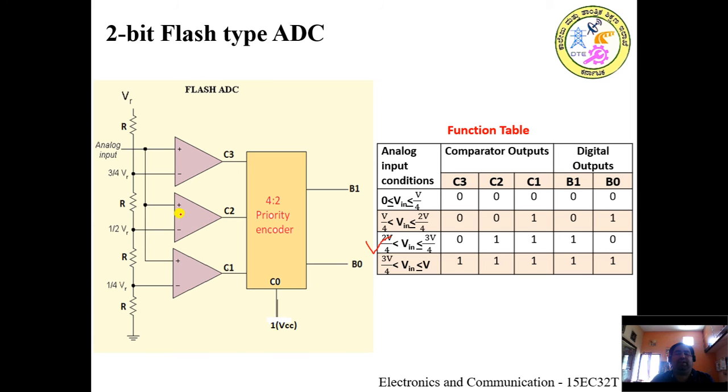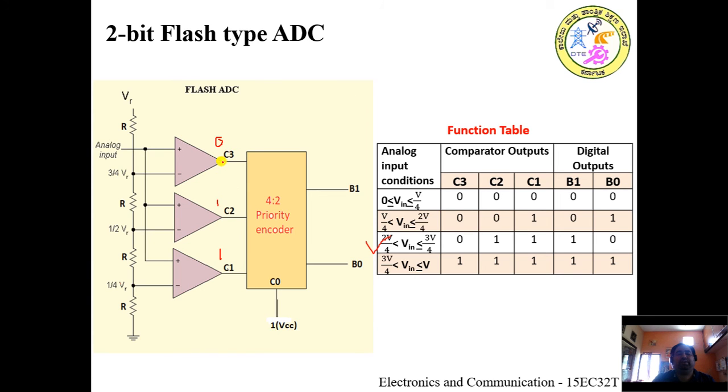Obviously, if the analog input voltage is greater than the reference voltage for the second comparator, it would be greater than the reference voltage for the first comparator as well, so the output of the second and the first comparator would be 1, whereas the output of the comparator 3 will be 0, as this reference voltage is greater than the analog input here.